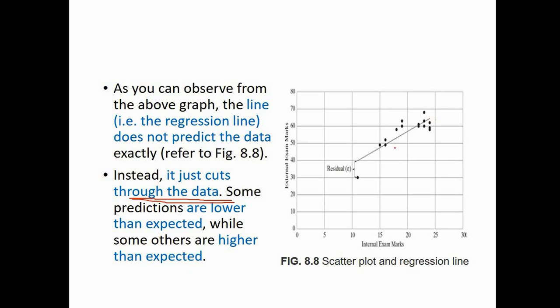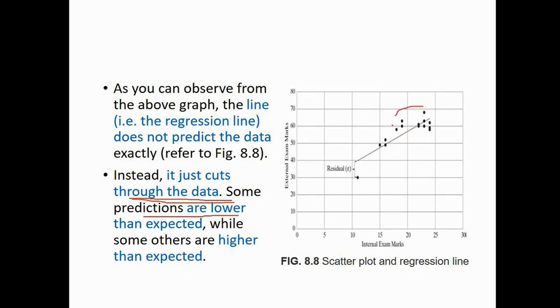The line is just cutting through the data. Some of the predictions are lower than the expected. See this prediction. Some of the predictions are higher than the expected. Here, all the points are higher than the actual values. Some values are lower than these values.